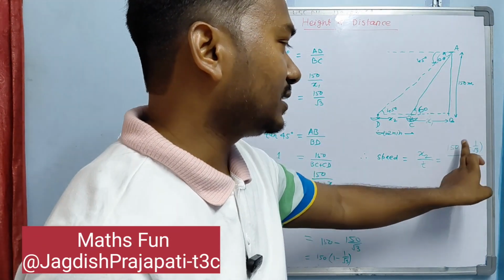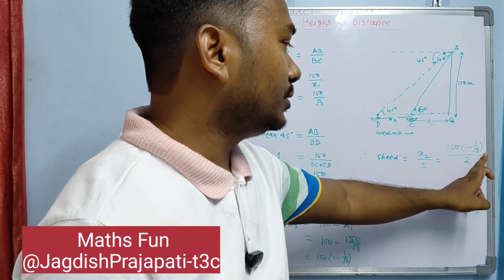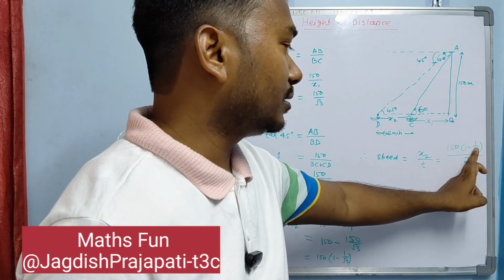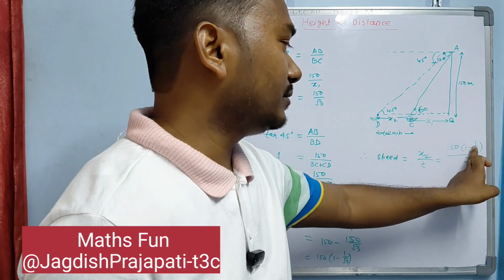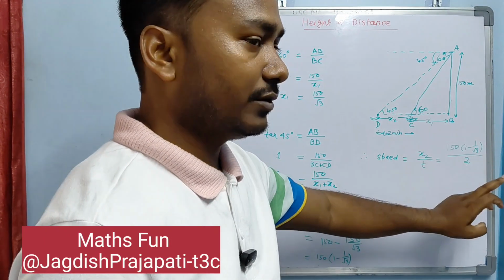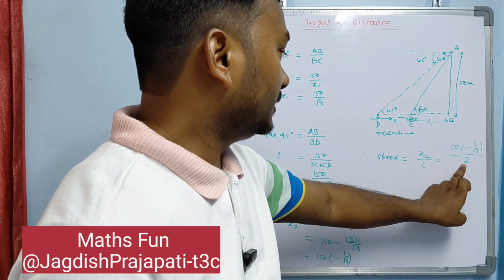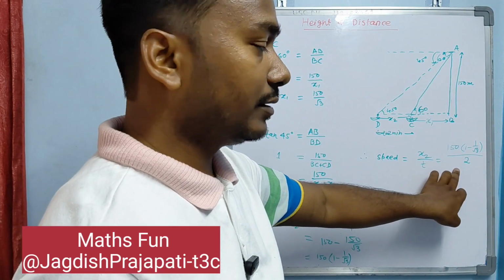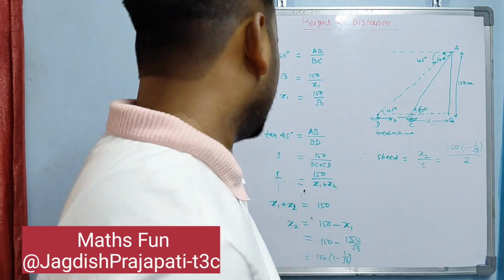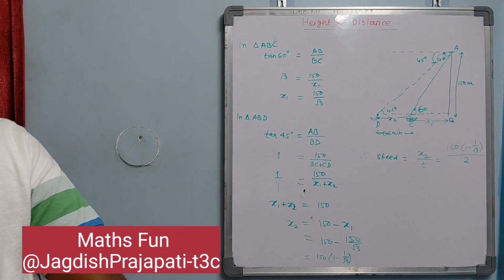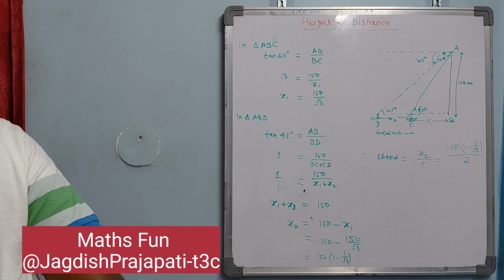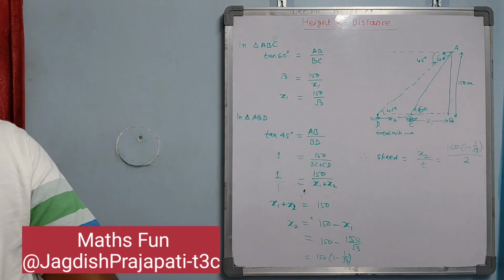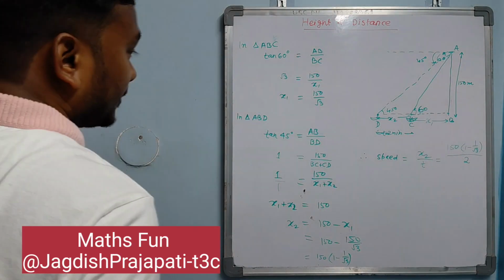You have to simplify this. I am not going to simplify this. You have to put in the value of under root 3, multiply, and simplify, then divide by 2. So this will be in meter per minute. I think it is asked in meter per hour. Yeah, it is in meter per hour.